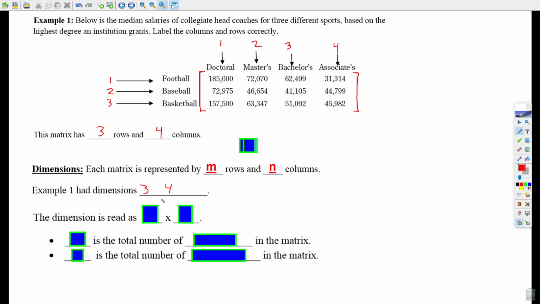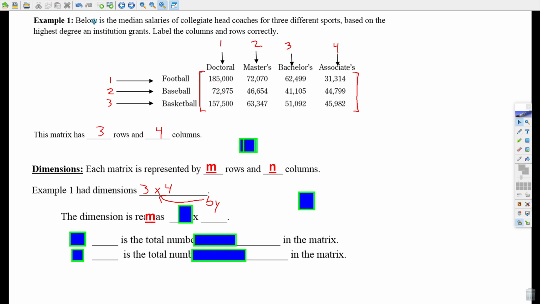The way you write this is by putting a little x in here, which is read as the word "by." So you would say that this matrix is a 3 by 4 matrix. You always do the rows first and then the columns.